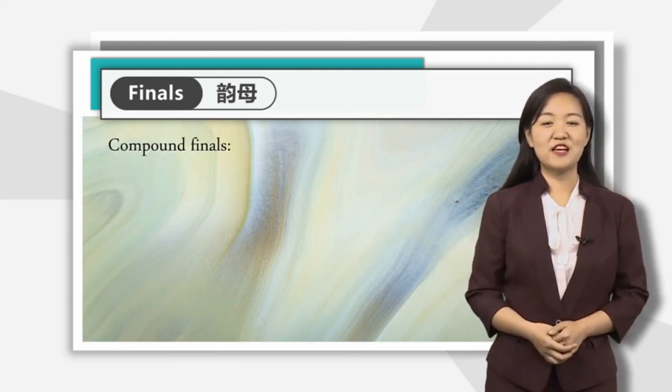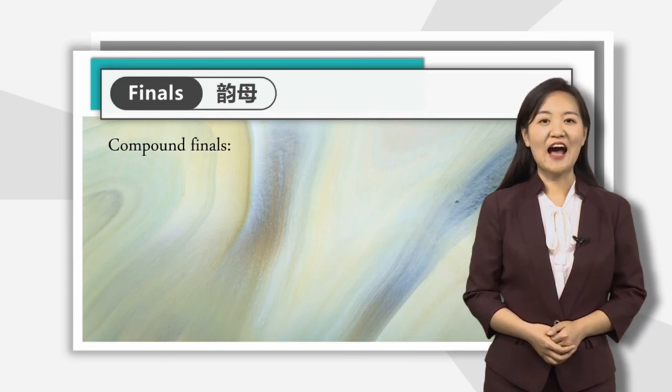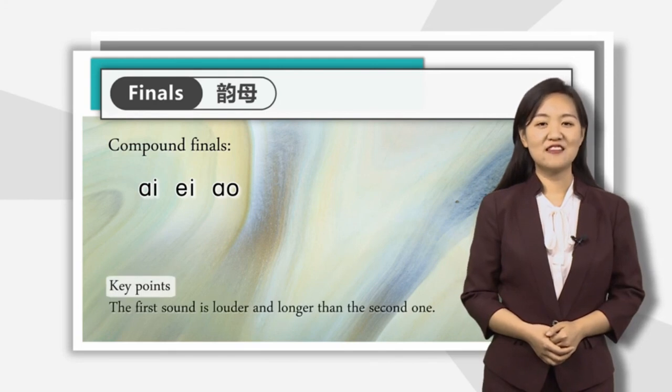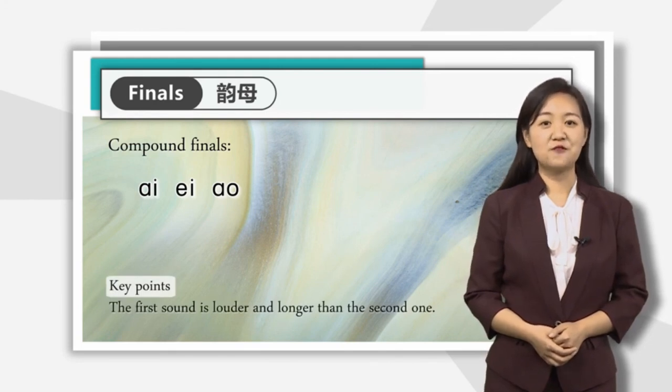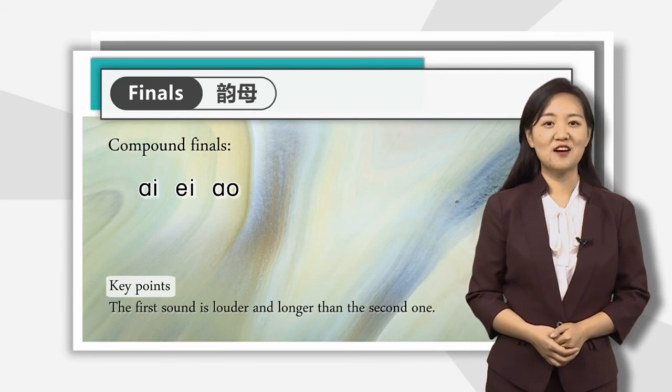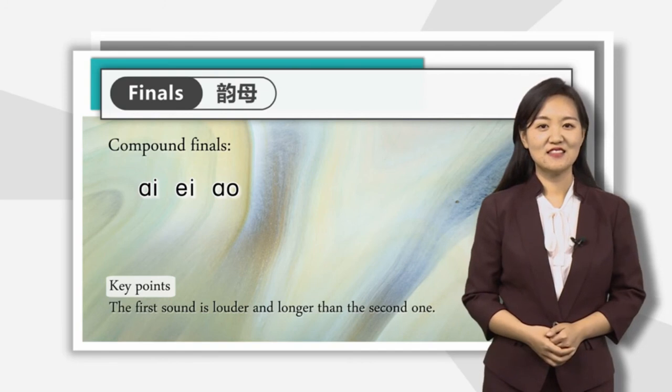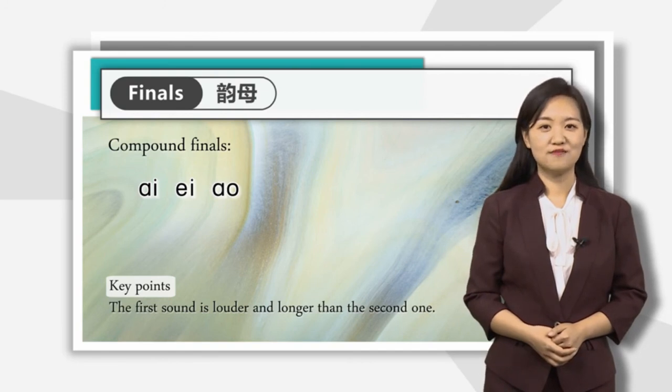Now let's move to the compound finals. ai, ei, ao, ou. When pronouncing these finals, the first sound should be louder and longer than the second sound. Read after me. ai, ei, ao.